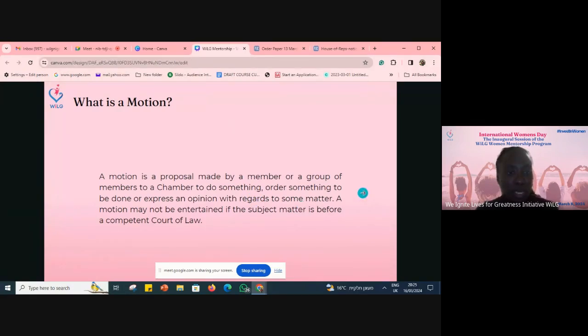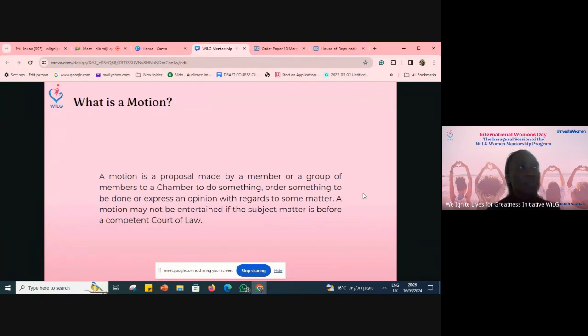better. So a motion is a proposal made by a member or a group of members. Sometimes it's one person that will make it. Sometimes two members will come in. Sometimes you can even see 5 or 6, depending on how many members you can get to support you. You can collaborate together and move a motion in the House, because every motion has to be seconded.